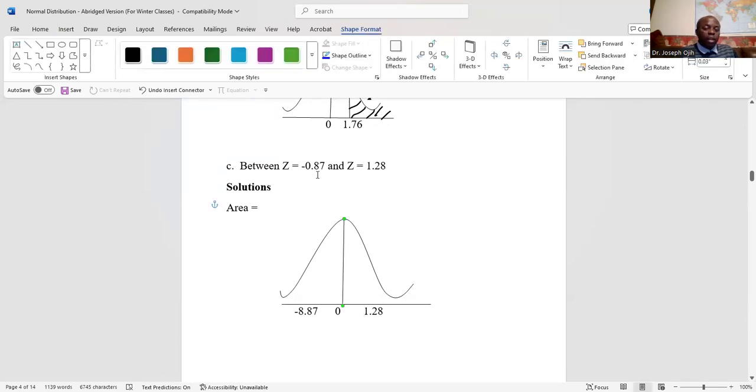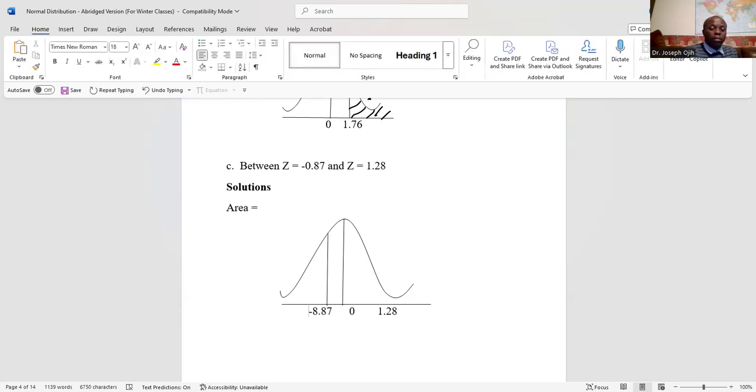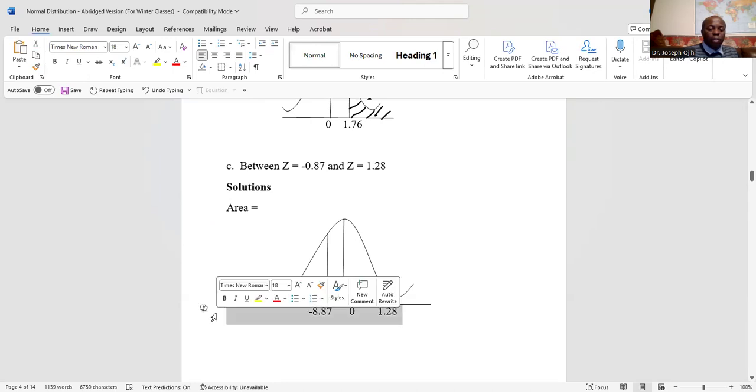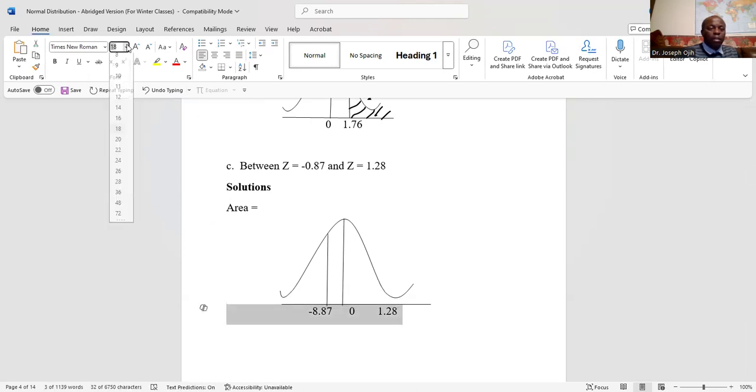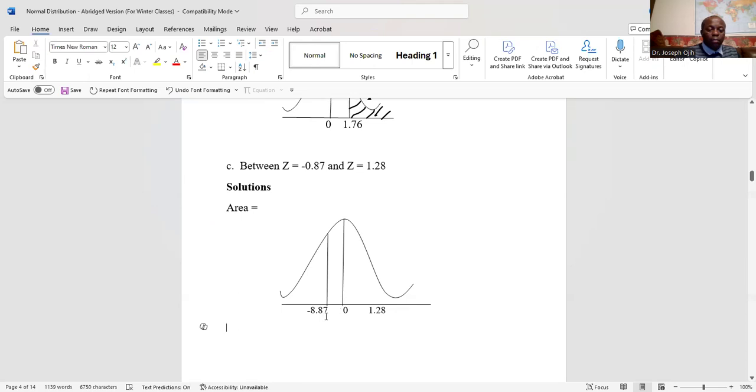Now for this we have negative 0.87. I put the line that represents that. We're going to have it right here. I'll make it a little bit smaller so that we can accommodate that place. Make it 16. Okay, 0.87. Then, of course, we have our center line and the 1.28.